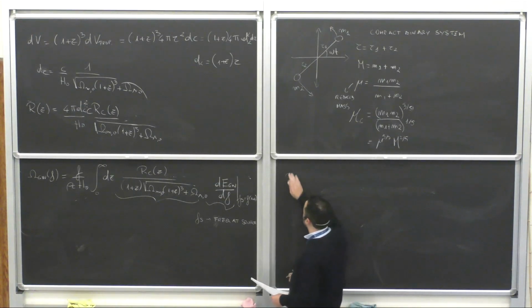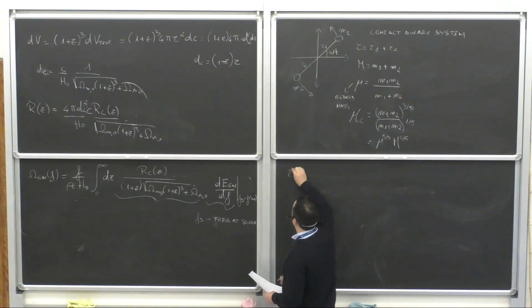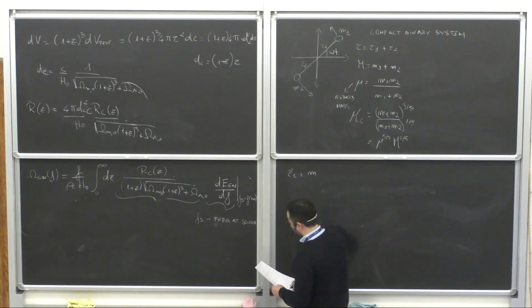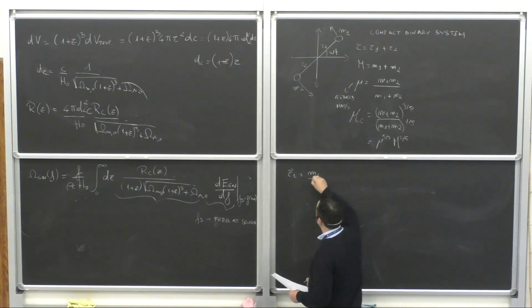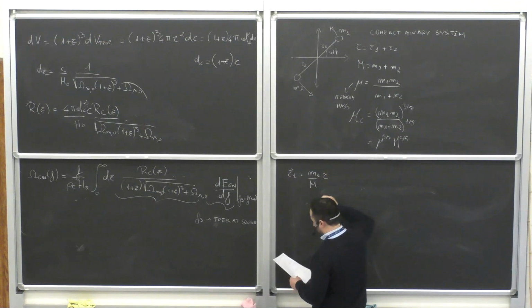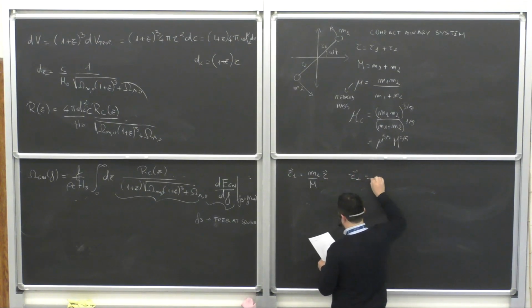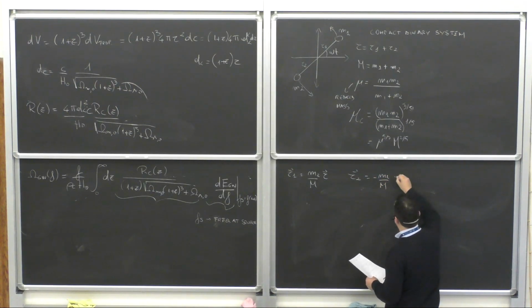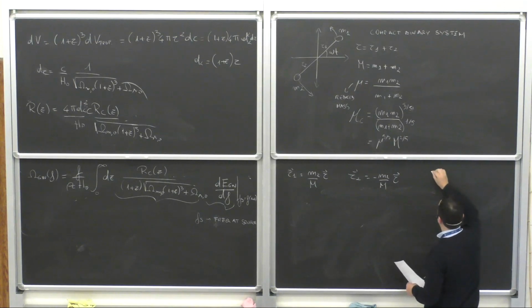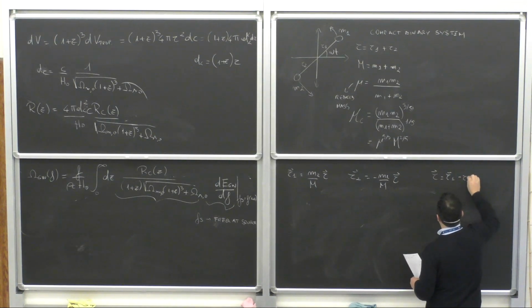So the trajectory of these two bodies will follow, as I was saying, the two-body problem. So you have these. Okay, r2 is equal to minus m1 over M times r, where this r is r1 minus r2.